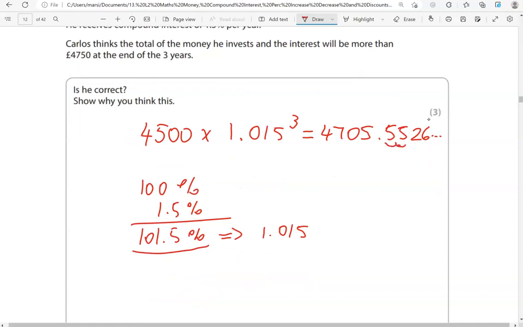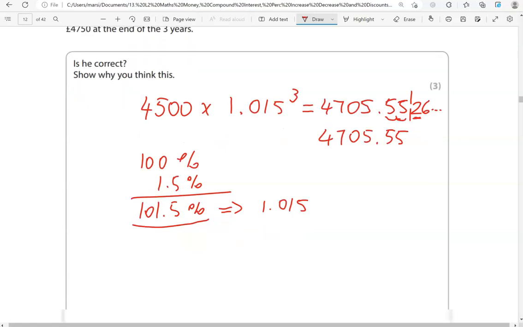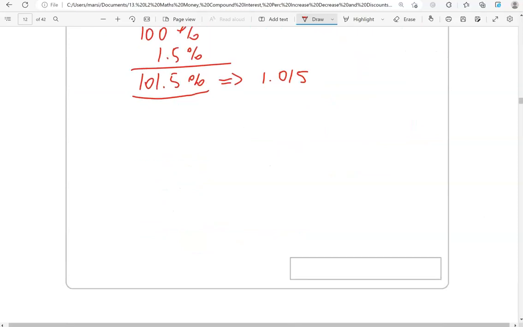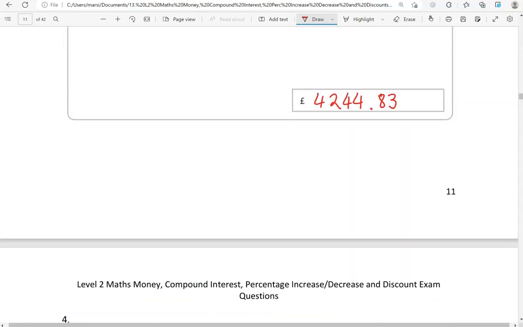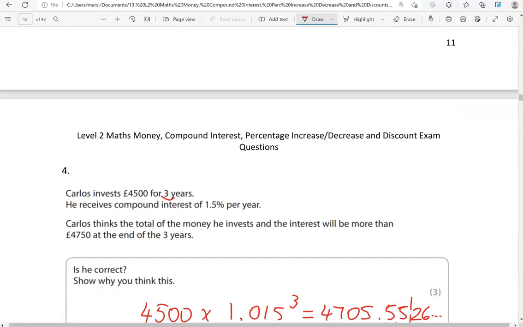We go to round this to 2 decimal places as it's money. Looking at the 2, we're going to round down. So this will be 4,705.55. And we need the pound sign in front, as it's not given. So let's just double check that we've done this in the previous question. Pound sign was given to us.